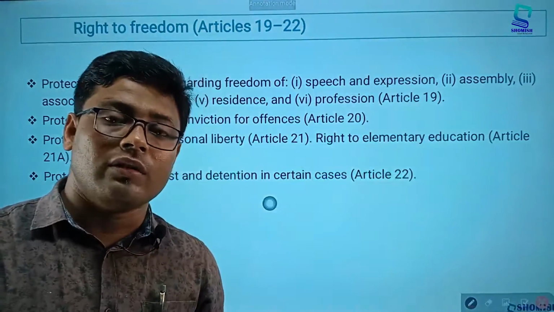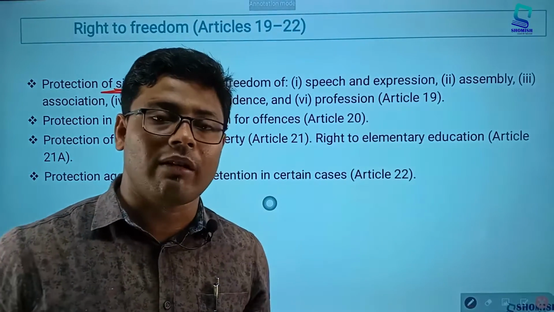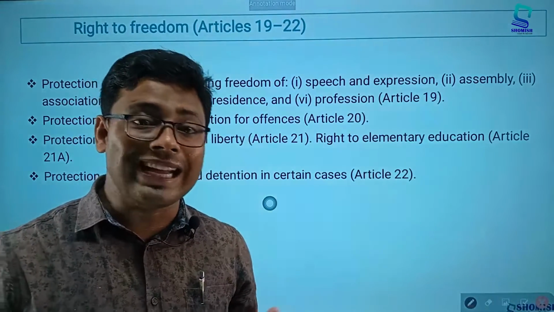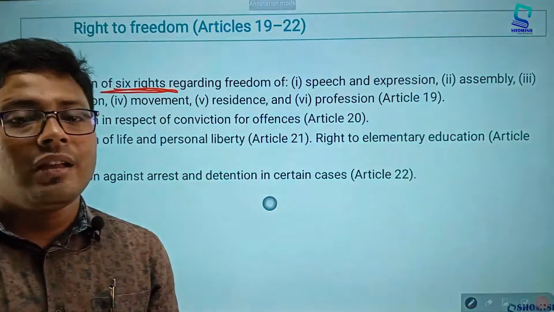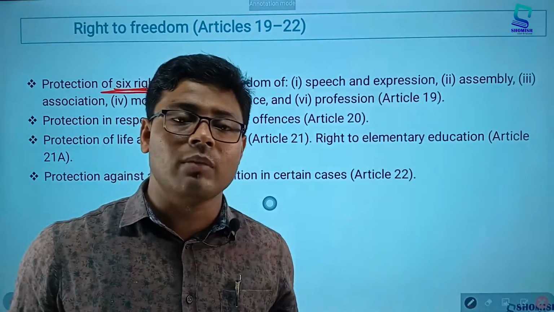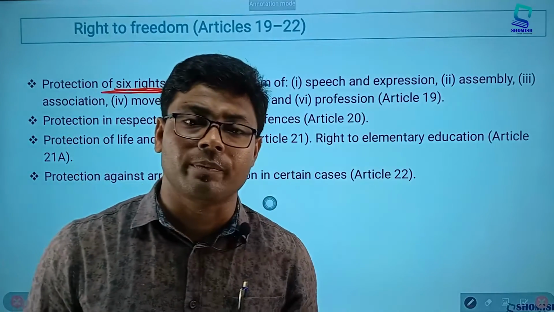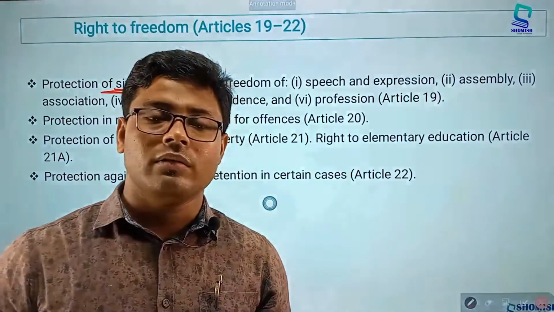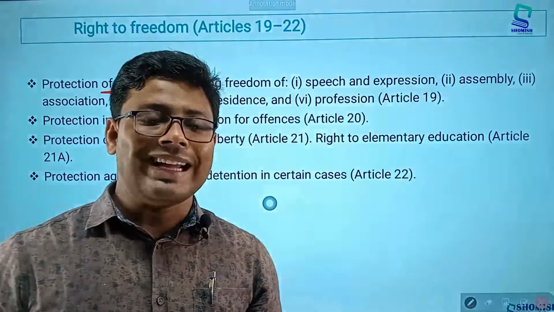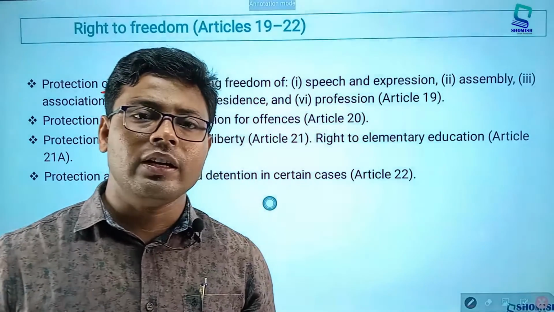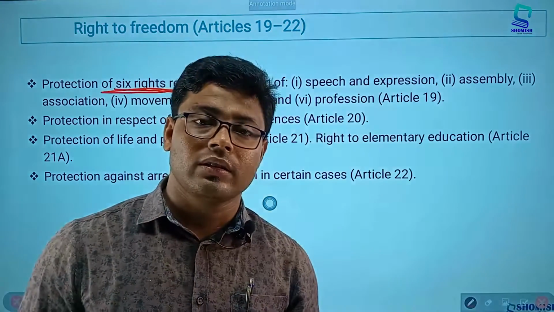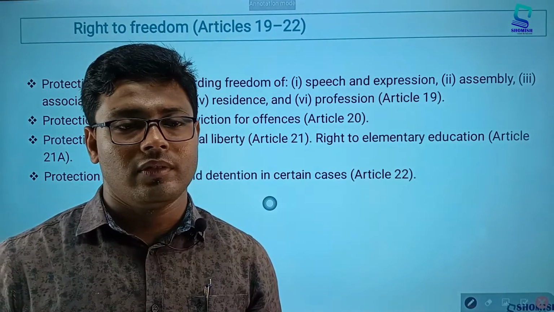But there are also exceptions. There are also limitations, reasonable restrictions. Why are reasonable restrictions placed on the right to freedom? Due to the integrity and sovereignty of our country.